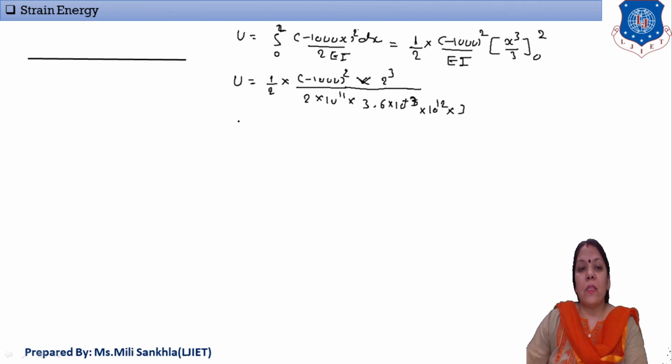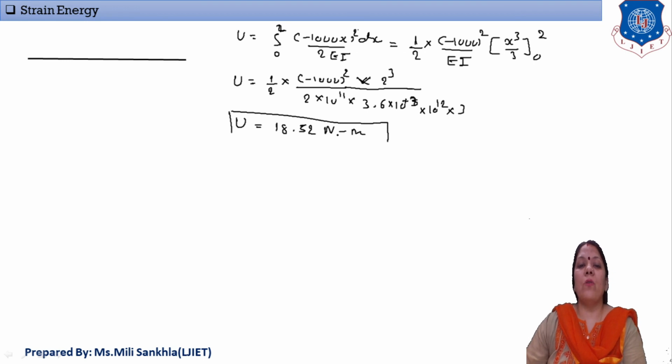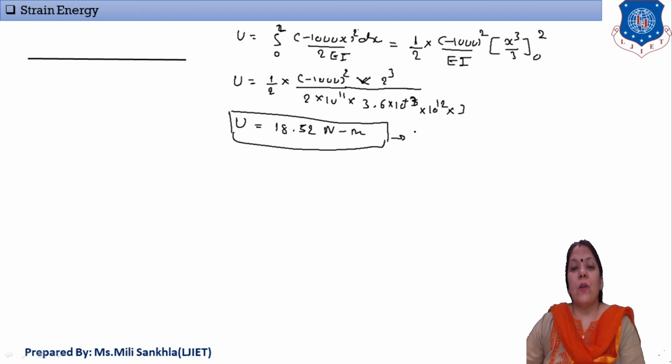Simplify this term. My answer, U, is equal to 18.52 Newton into meter. Write down, this is strain energy due to point load.